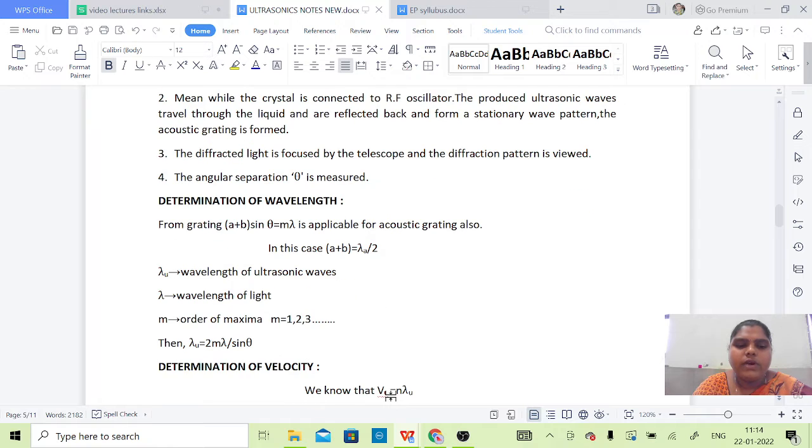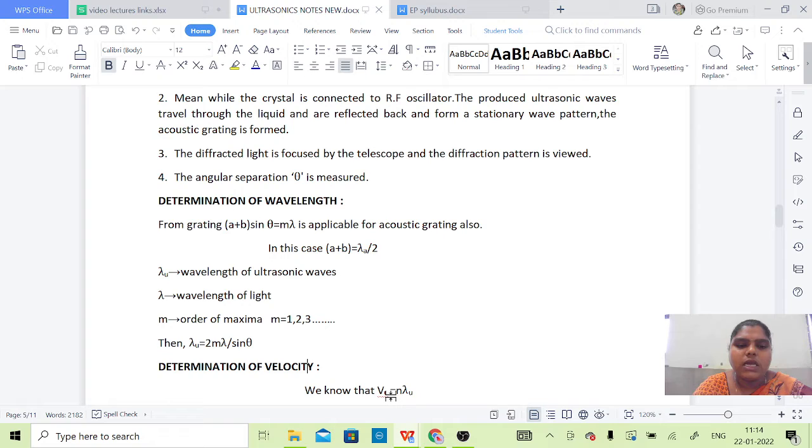Now, determination of the wavelength of the produced ultrasonic waves. From the grating, we observe (a plus b) sine theta equals m lambda, which is applicable for the acoustical grating also.